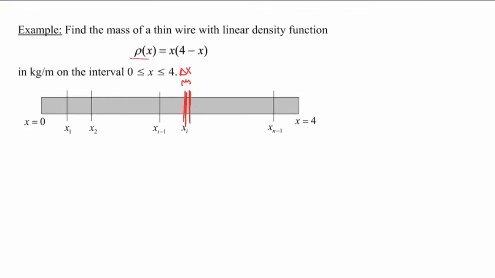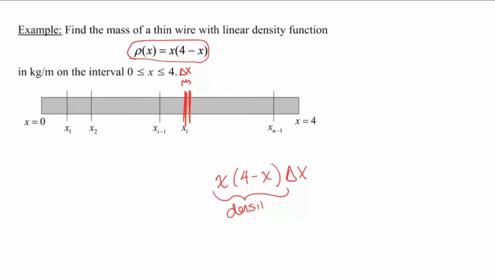So we can plug our x value into our linear density function. If we take our x value there, which would be x times 4 minus x, and we multiply by our delta x, the width of our little slice, then this is giving us our density times our length. And what does that give us? That gives us mass.